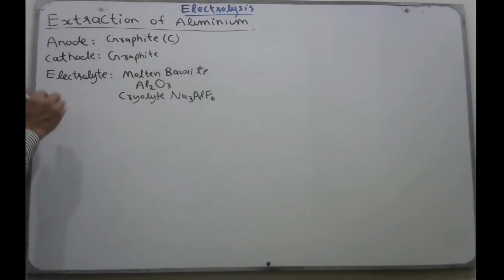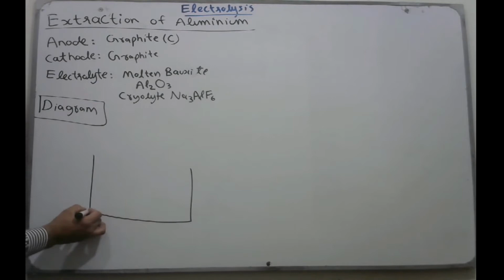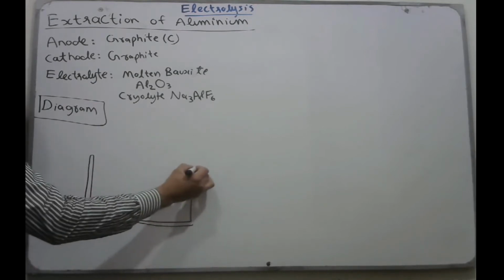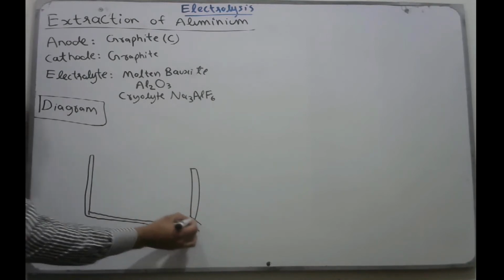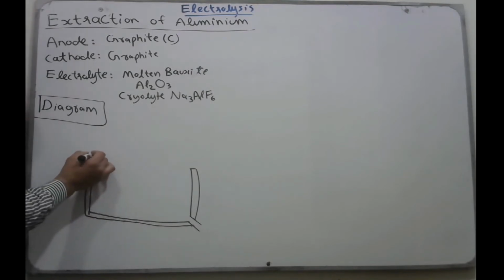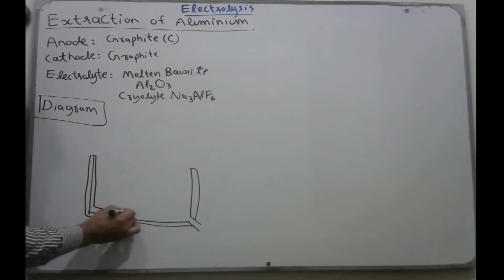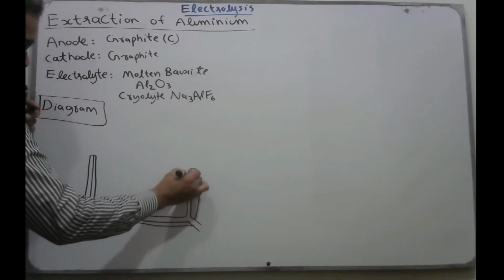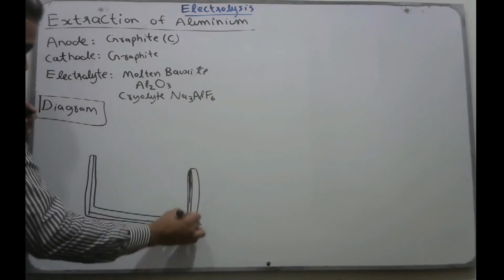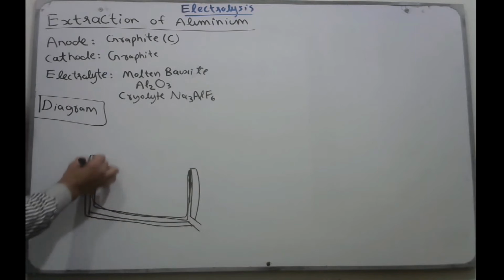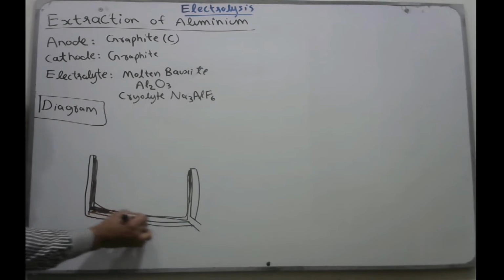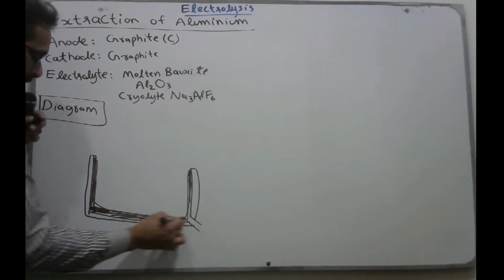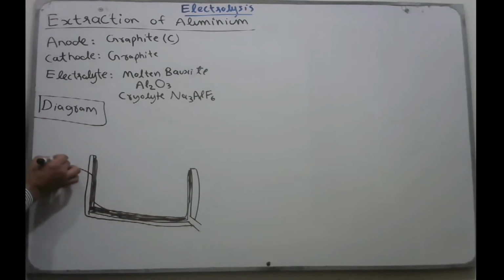The diagram for the reaction is: the outer body consists of a steel container having a small hole in it at the bottom, and inside this we attach graphite that consists of carbon, also called graphite, which acts as the cathode connected to the negative terminal of the battery.